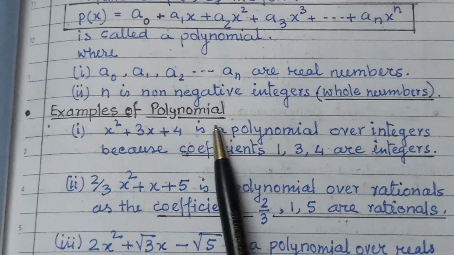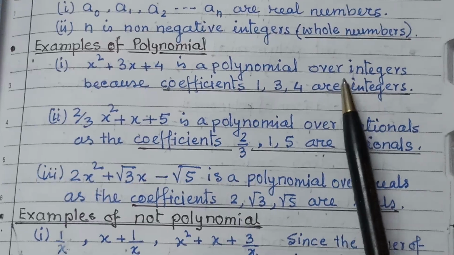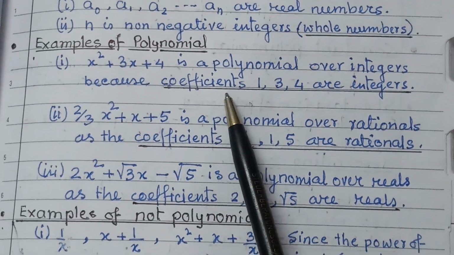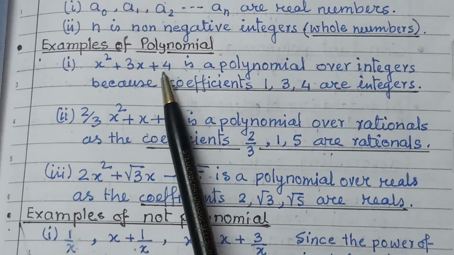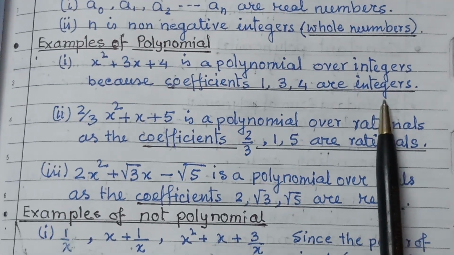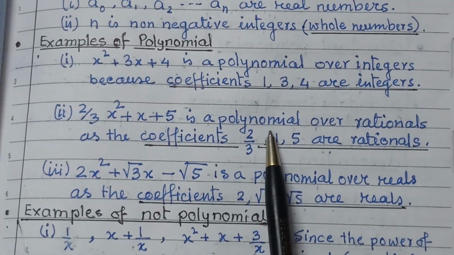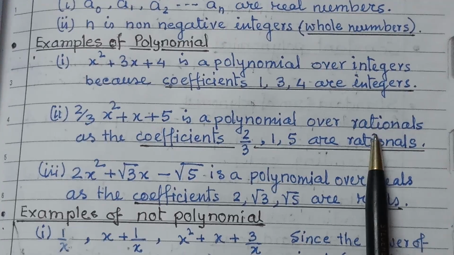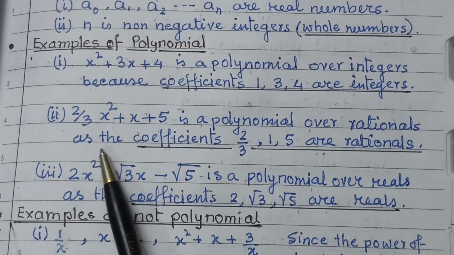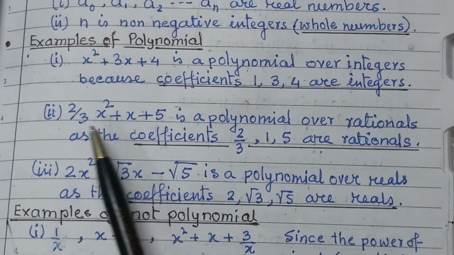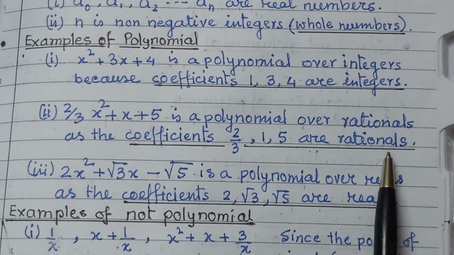Examples of polynomials. x square plus 3x plus 4, which I have already given, is a polynomial over integers because the coefficients 1, 3 and 4 are integers. 2 upon 3 x square plus x plus 5 is a polynomial over rationals, as the coefficients 2 upon 3, 1 and 5 are rational numbers.